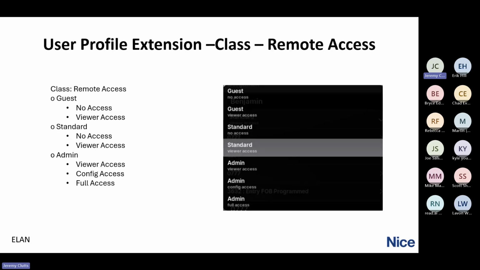All right, next, remote access. You can decide what kind of remote access the user has. Guest user is really designed for that Airbnb type application where they can give them guest access locally only and have no remote access, or give them viewer access remotely.